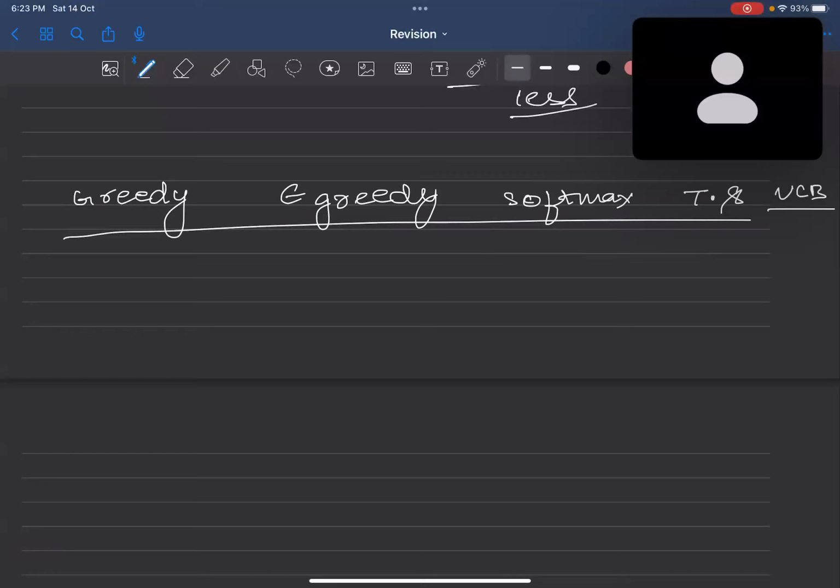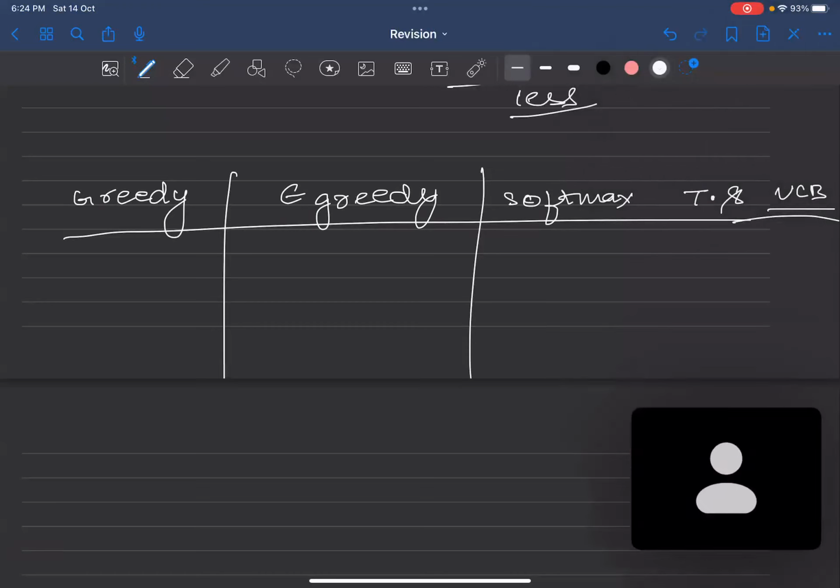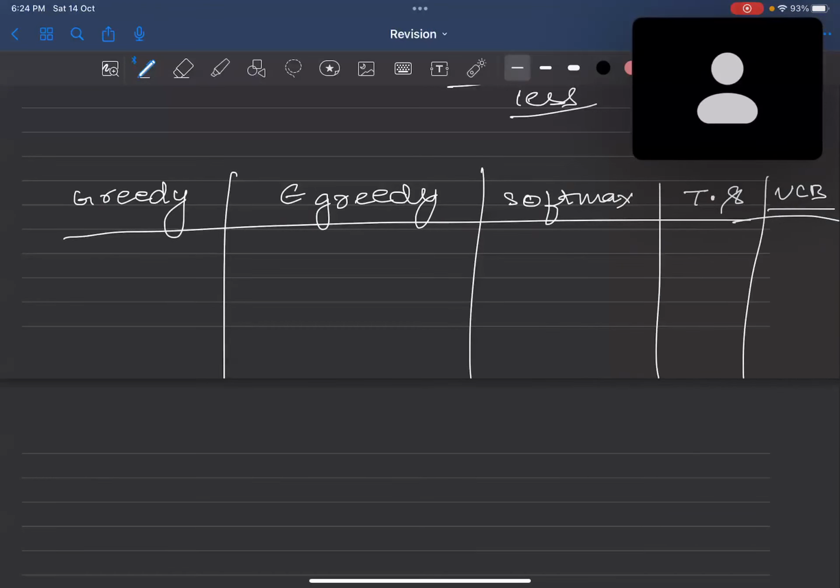I'll consider UCB afterwards. Consider them together. What is the limitation in each of them that made us move on? What was the limitation in greedy that we came to epsilon greedy, what is the limitation in epsilon greedy that we came to softmax, or what is the limitation in softmax that we opted for Thompson sampling?